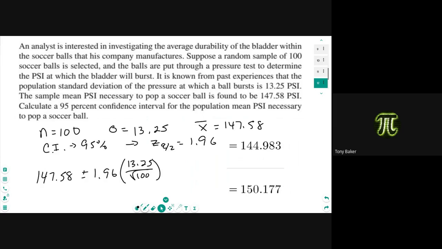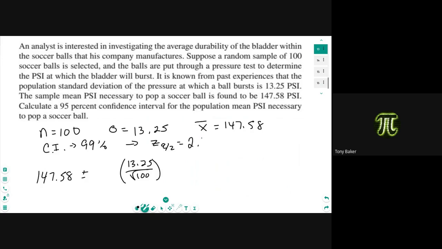All right, so what's 99%? So everything's going to stay the same except for the Z, because I'm moving it up to 99%. What was the Z?